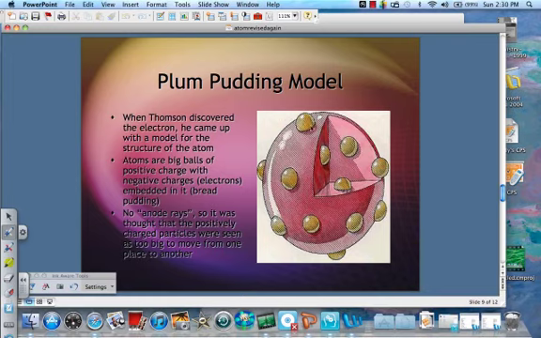And basically, because he found a negative charge, and everybody knew that atoms were neutral, that means that there has to be a positive charge canceling out that negative charge.